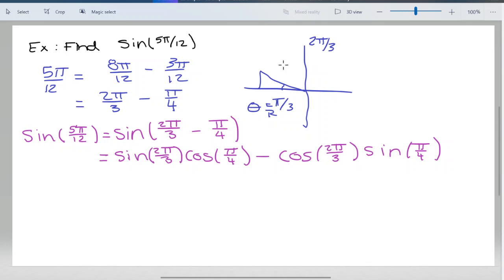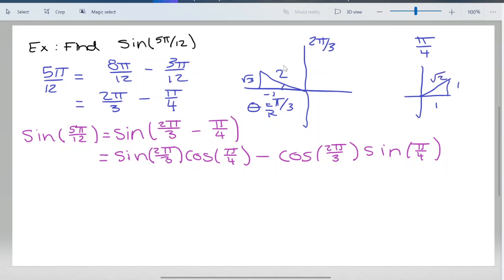So that means that this is going to be the longer side, the root 3 side. This is going to be the 1 side, but it's going to be -1 because it's facing to the left. This is going to be the hypotenuse 2. And then pi over 4 is just the basic 45, 45, 90 triangle, so we'll have 1, 1, and root 2.